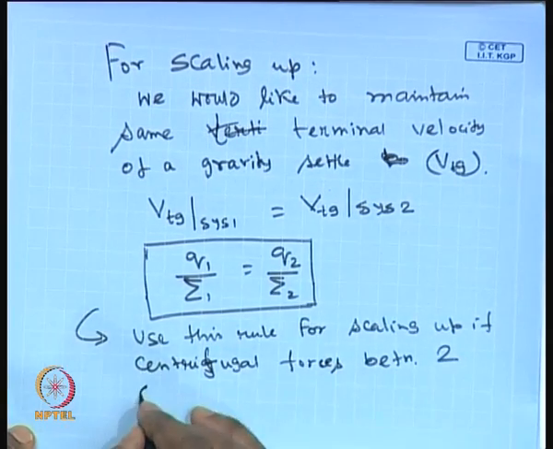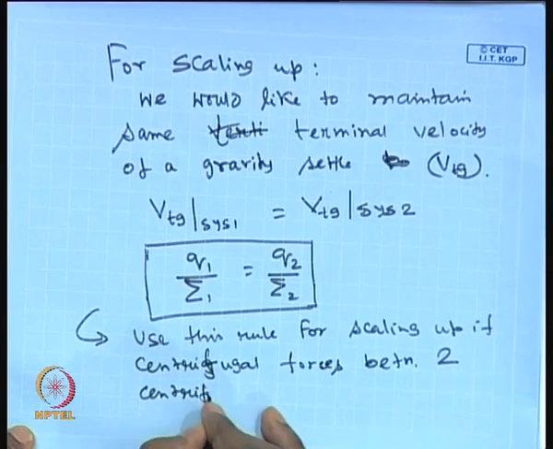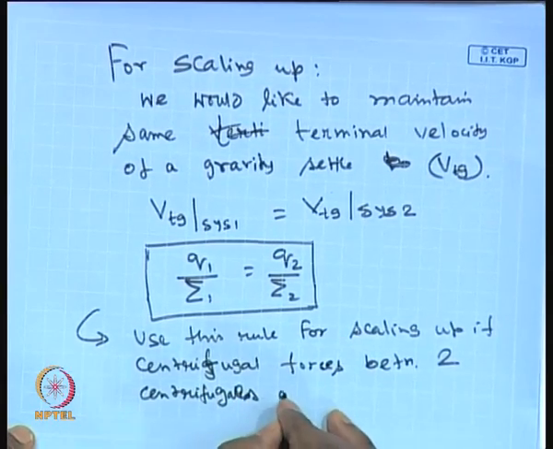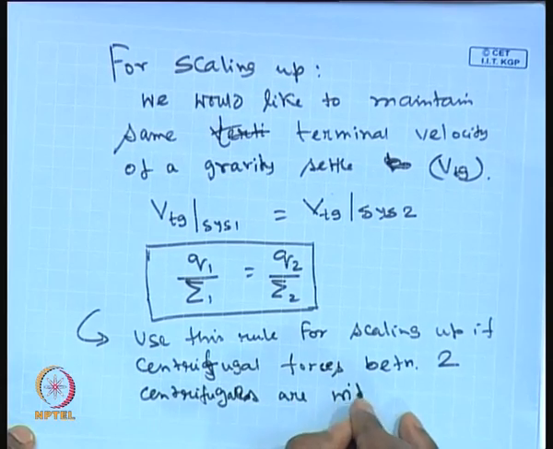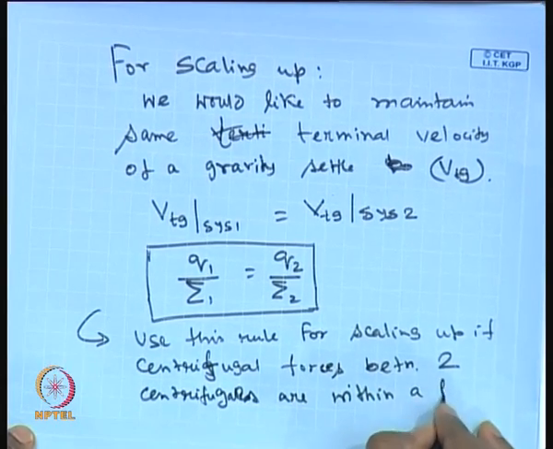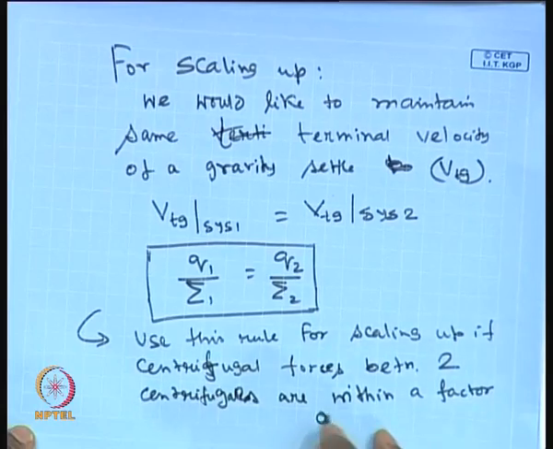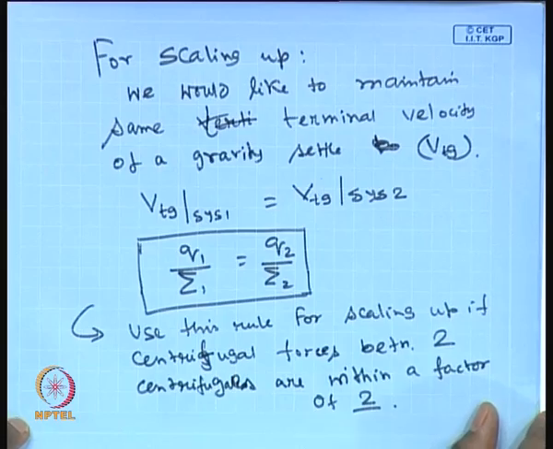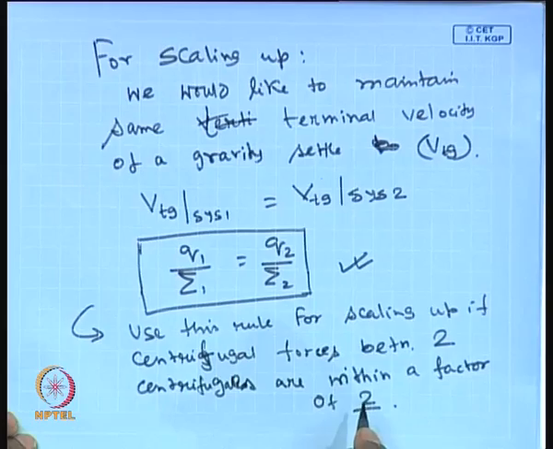This is a design thumb rule. That means, if the larger centrifuge has a centrifugal force which is less than or equal to 2 times that of the smaller one, then you can use this rule as a scaling up option.